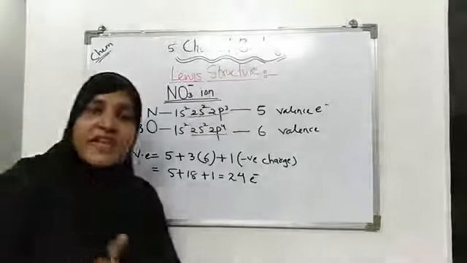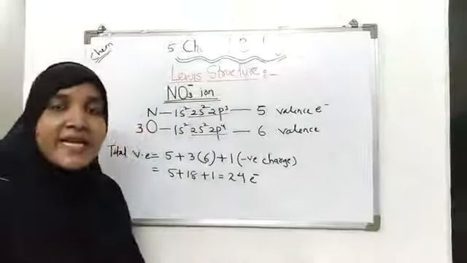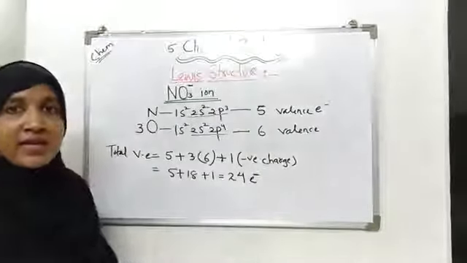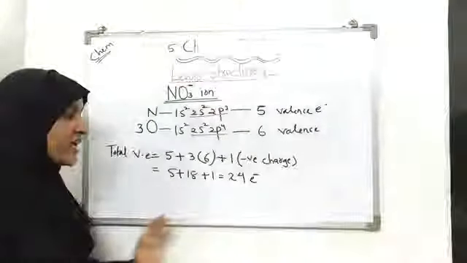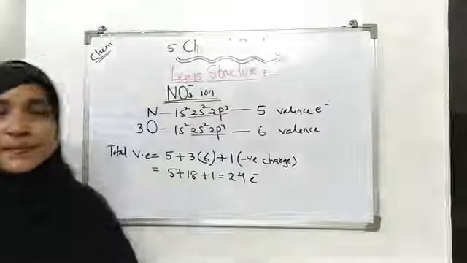We have 24 valence electrons in case of nitrate ion NO3 minus. So this was the first step. We have counted the total number of valence electrons.